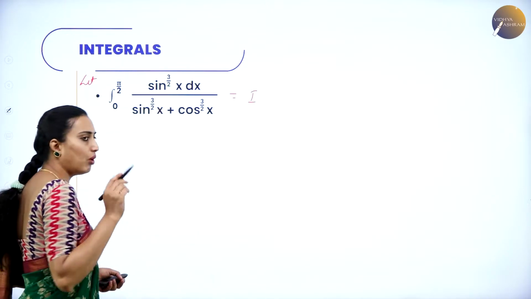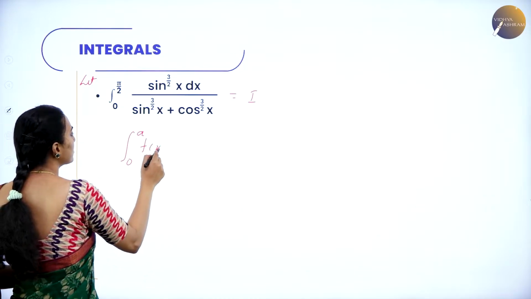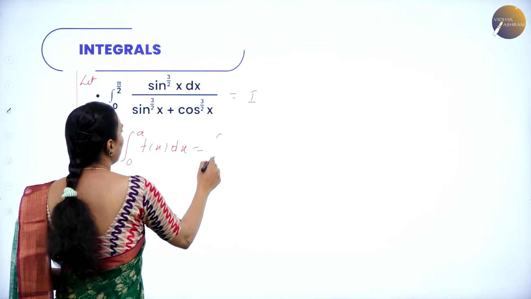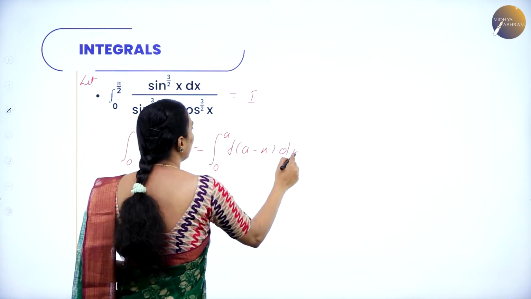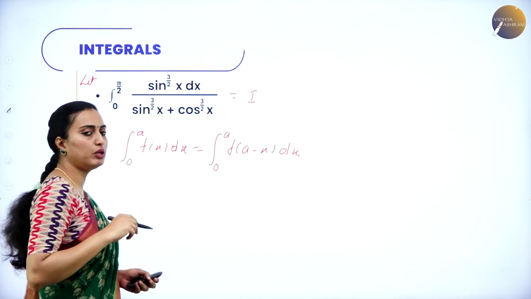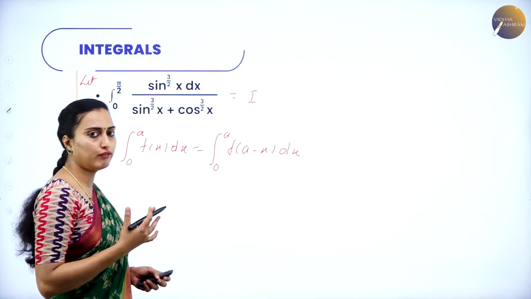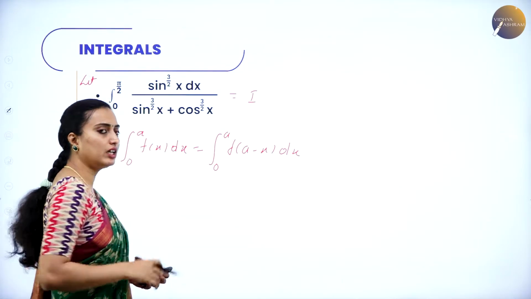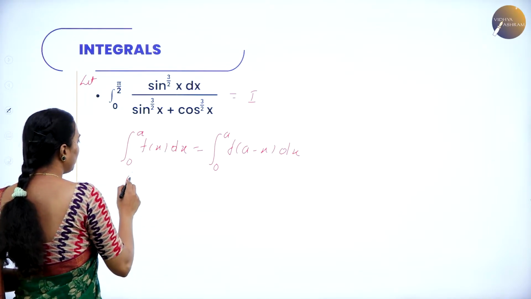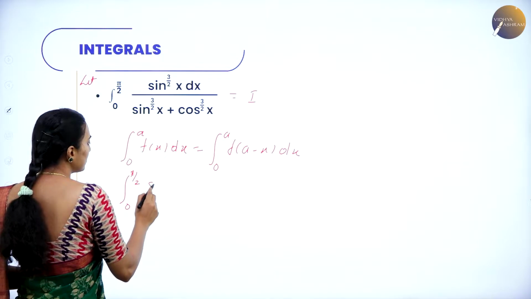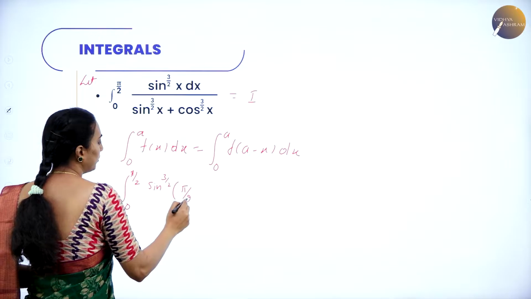You know already, according to the properties of the integral, 0 to a f of x dx can be changed as 0 to a f of a minus x into dx. Now, what is this a? a is nothing but the limit whatever they have given, 0 to pi by 2. Pi by 2 is nothing but a here. So accordingly, changing the given integral like that, it will give you integral 0 to pi by 2, sine to the power of 3 by 2 x can be changed as pi by 2 minus x.